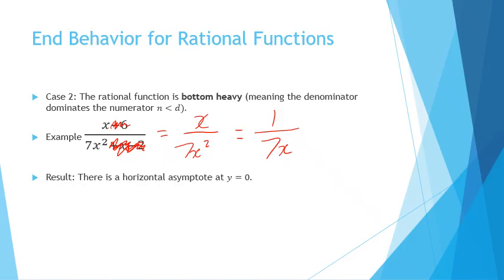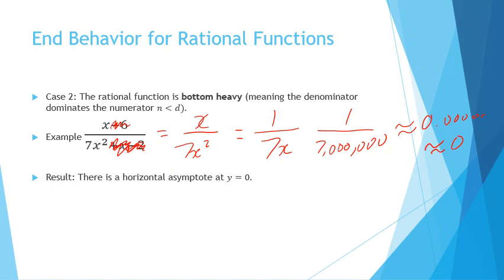Now, what happens when we plug in either infinity or negative infinity into this function? Well, let's say we plug in 1,000,000 instead of infinity. This would be 1 over 7 million, which as a decimal is going to be super, super small, 0.00000 something, basically around 0. It's going to be so small that we don't even notice it.